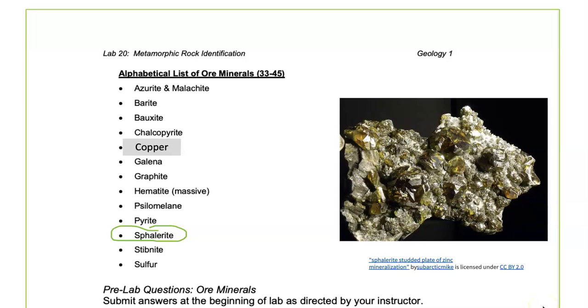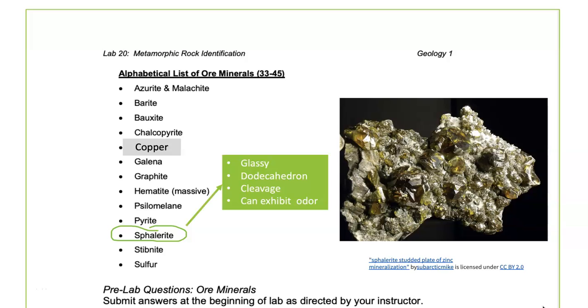Sphalerite is interesting because it is glassy. It is not like the rest of these ore minerals I just showed you, which were opaque. Here's a great example right here of one. These are all within a rock or an ore, so not everything you see here is sphalerite, but these greenish yellow looking crystals are.